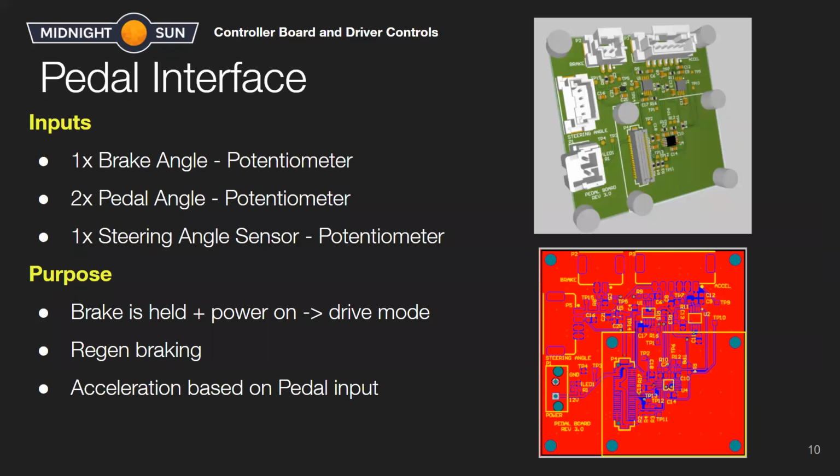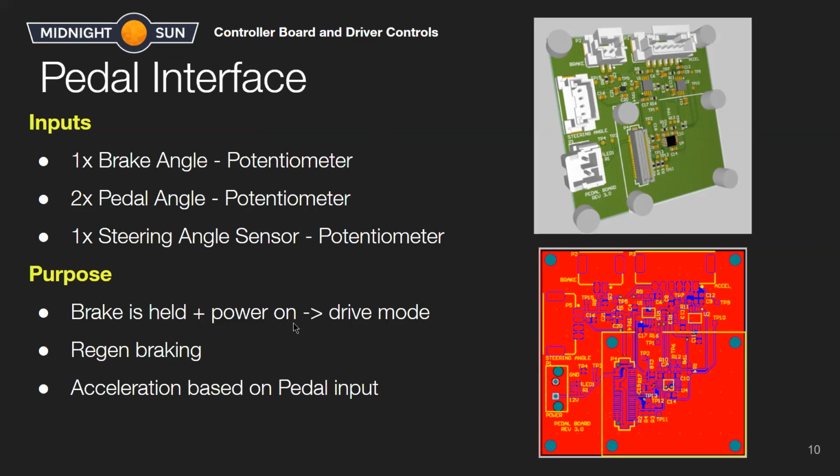So first board, pedal interface. What are its inputs? It takes in one potentiometer reading from the brake angle at the moment, two potentiometer readings from the pedal angle, as well as a potentiometer reading from the steering angle. The purpose of getting these inputs is that when we are going into drive mode, we have to know that the brake is being held down and we're hitting power.